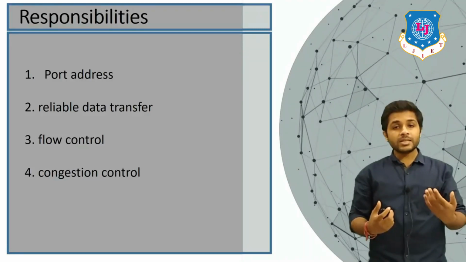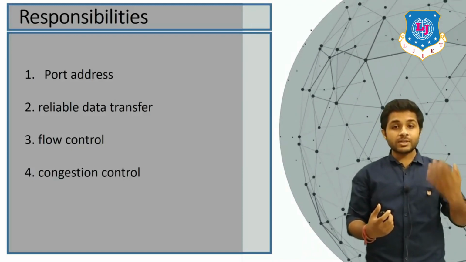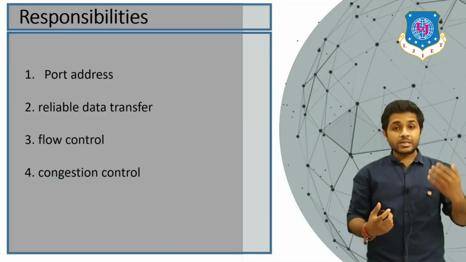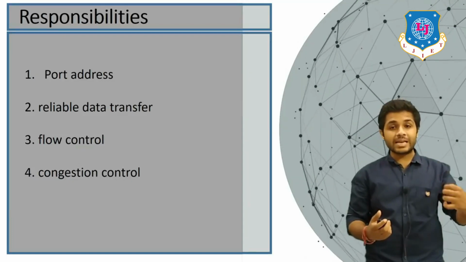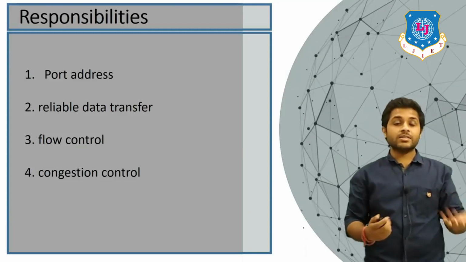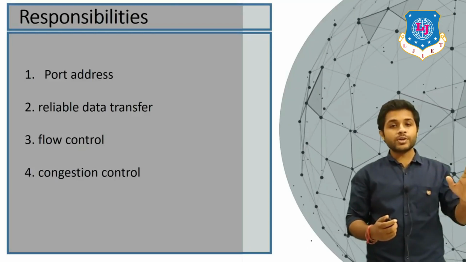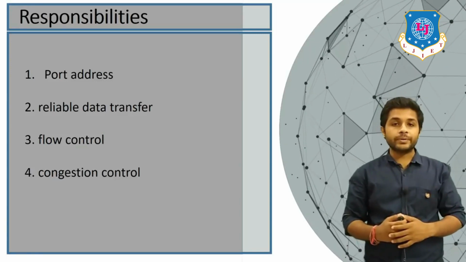So flow control means that the sender should know the capacity of the receiver, at which rate the receiver can receive data appropriately, and the sender should send data at that particular rate so that no data is lost. We will see some protocols in the transport layer that take care of the flow control.